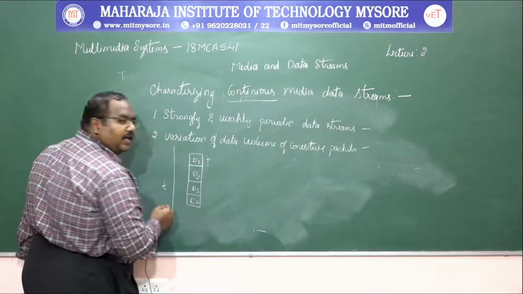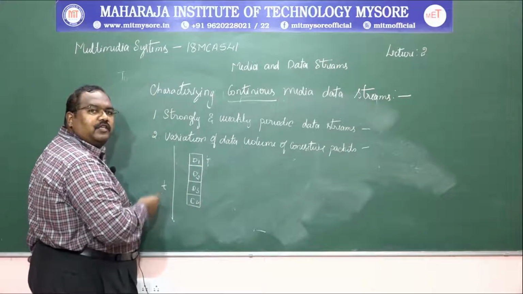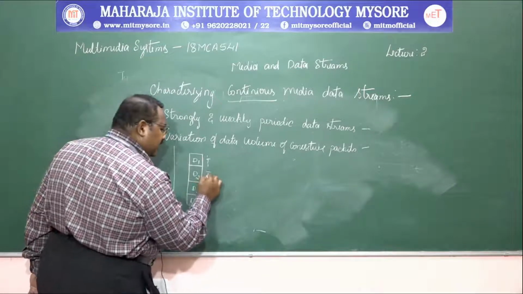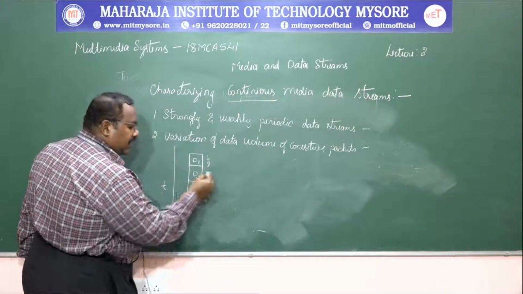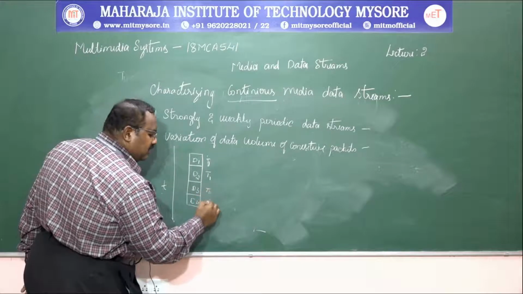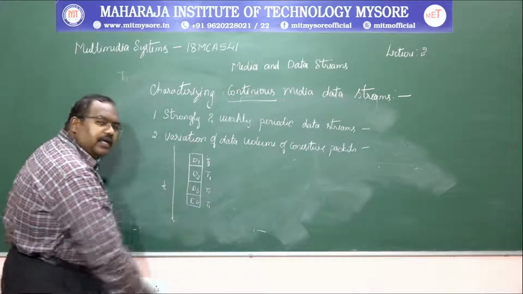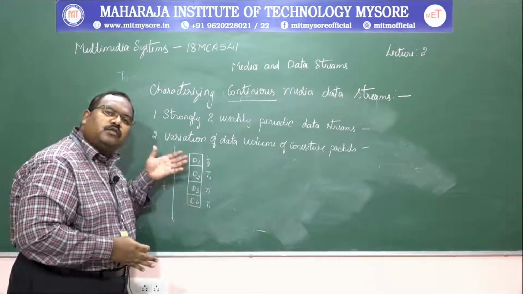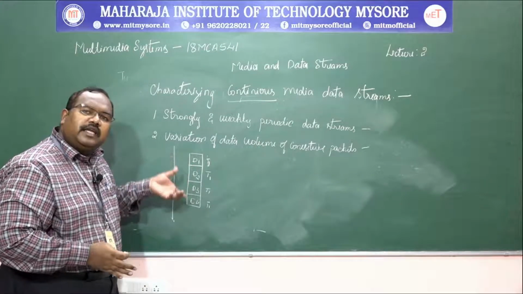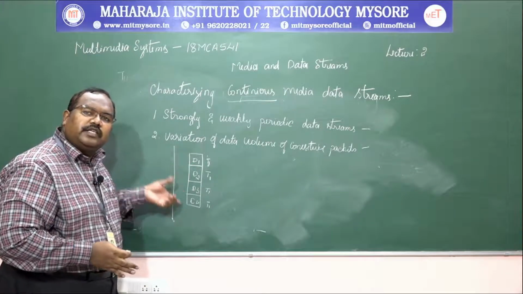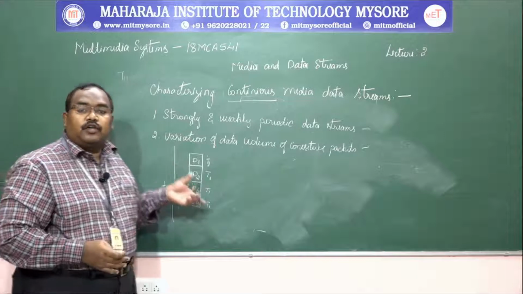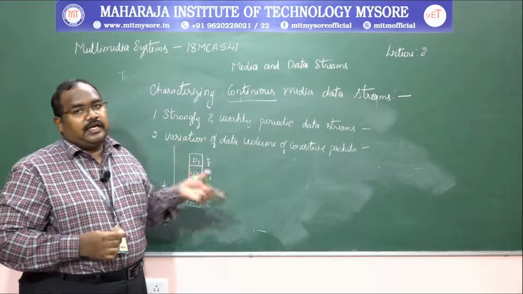If this is the equivalent amount of data volume, it is present over the time scale, again here it is the same. If it is a T1, again it would be T1, because it has the same value of time in a complete sequence. Throughout the sequence over the time, it has the same data volume, it is not changing. So we call it as a strongly regular data stream.